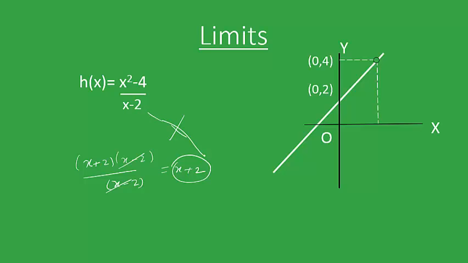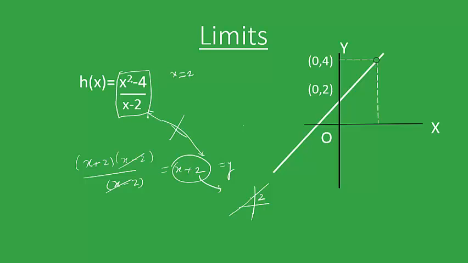As you might recall from your straight line definition, if we take h(x) equal to y, we have y equals x plus 2 as a straight line. But this function is different.